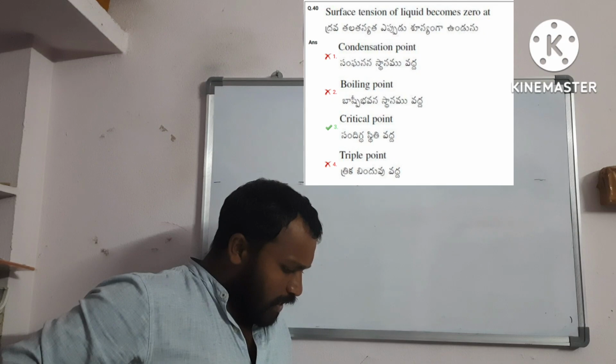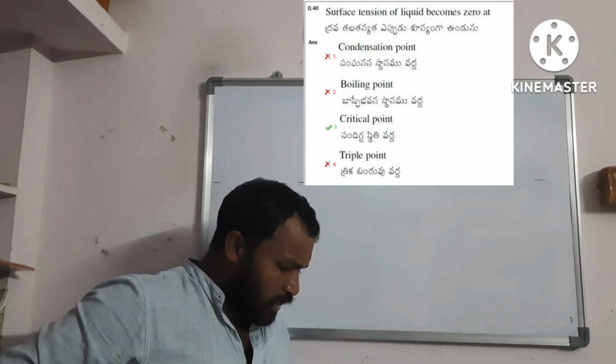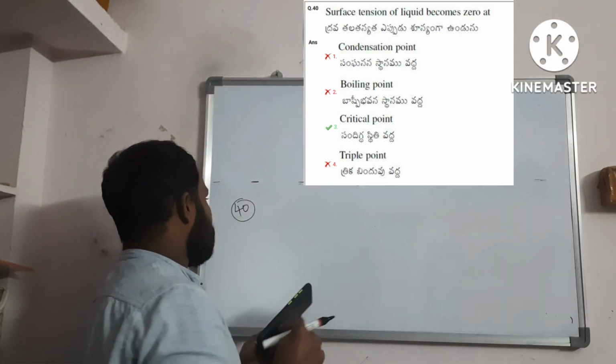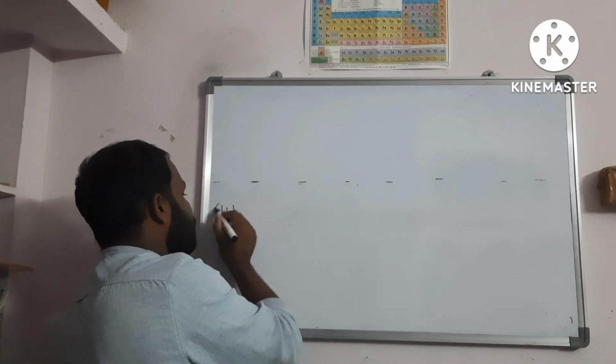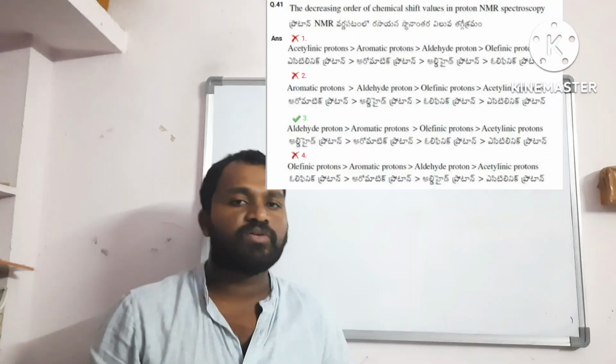Next, question number 41, very important. They asked the basic concept from NMR, the decreasing order of chemical shift values.